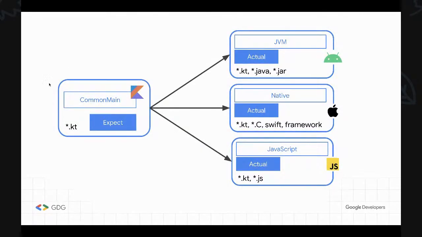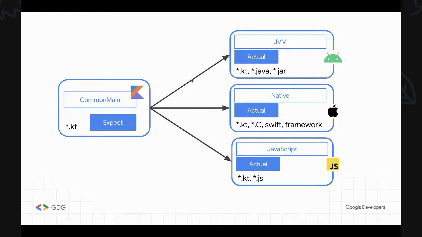So in the beginning, we have the common main. We will code our application using the Kotlin programming language, right? So all our files will have the extension KT. If we have the expected objects in our common main, we should have the actual objects in each target platform: for the JVM, native, and JavaScript.